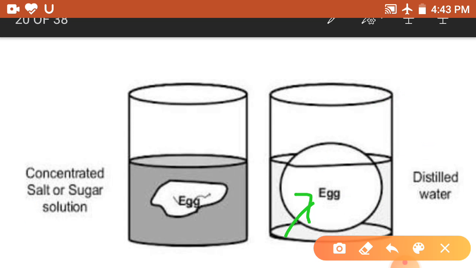Similarly, we put the egg into the concentrated solution, and after some time we see what happens. The egg shrinks. Why?